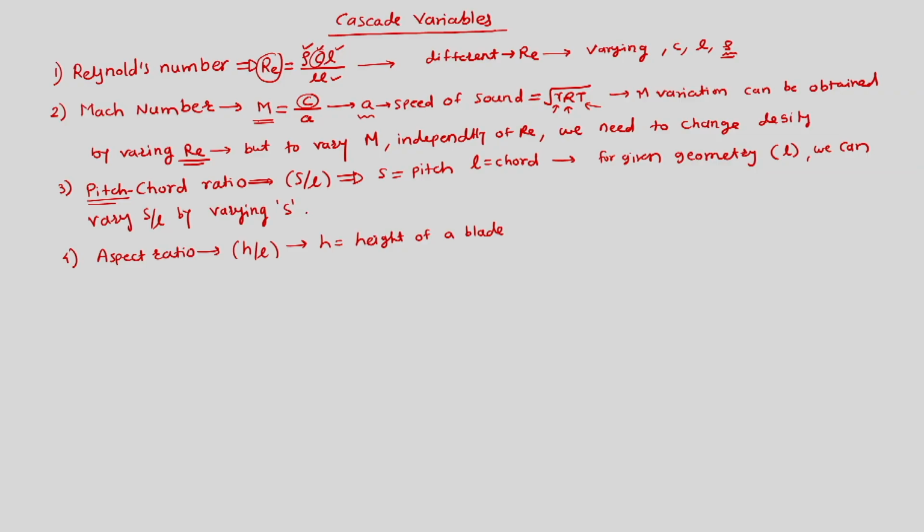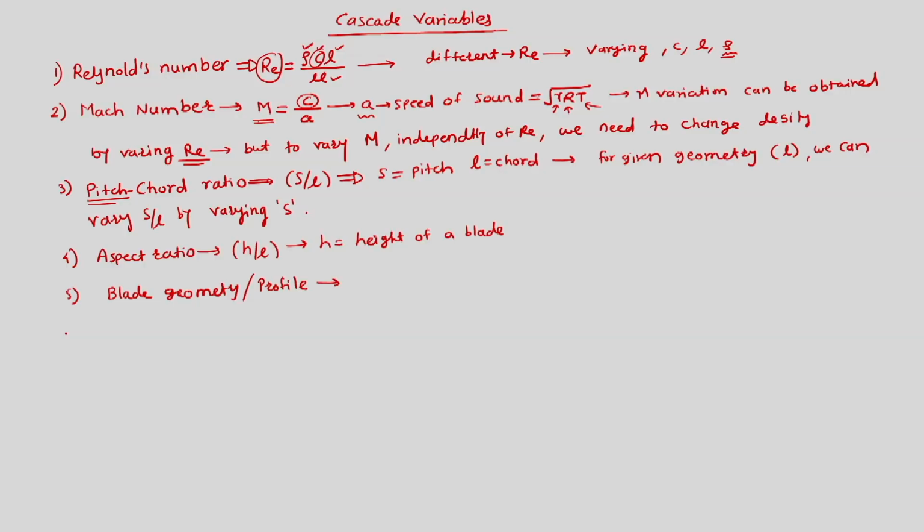Then the fifth variable is blade geometry or profile. In the process of blade design, we should test different blades for their performance for a given turbomachinery application.